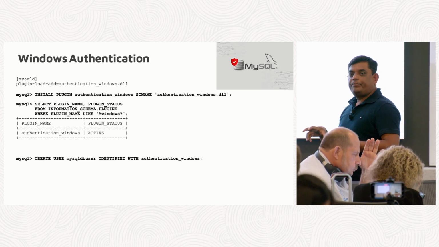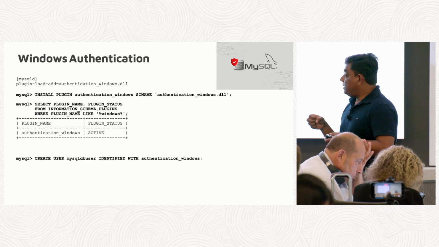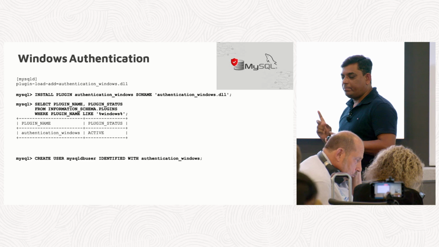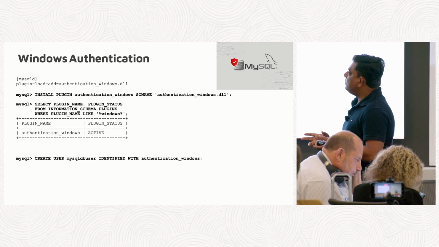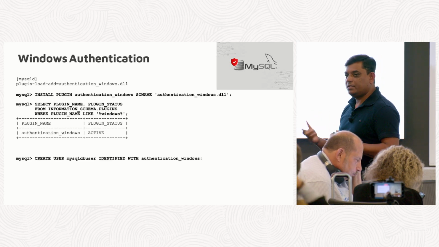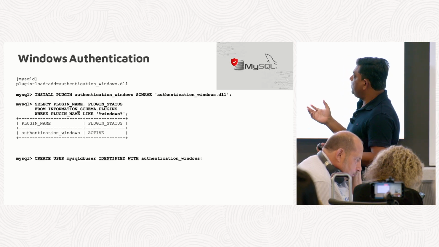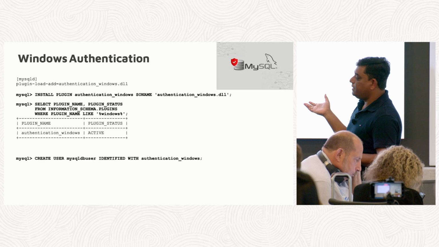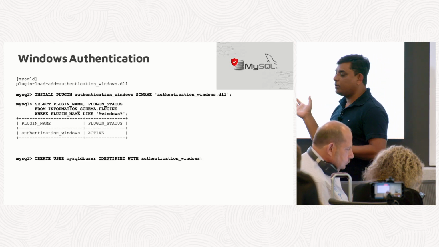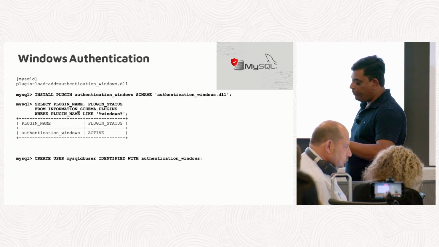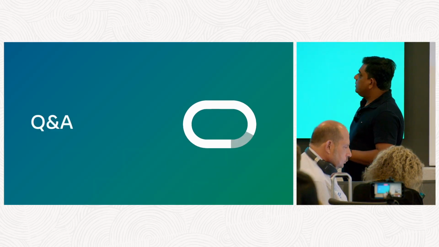So essentially MySQL now supports all kinds of authentication plugins: LDAP, Windows, PAM, native, and cert based with SSL. Based on your requirement, you can use it. It is easy to implement, not so complicated, and you can just use these simple steps. So that's all.